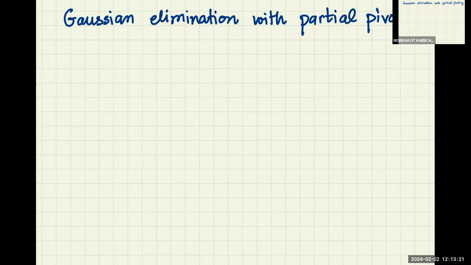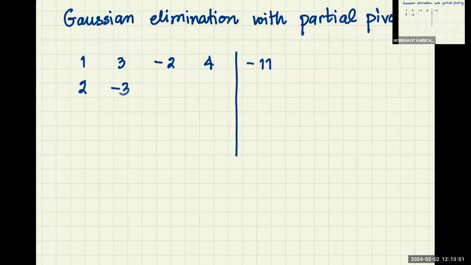With this method, we will try to control the multiplier so that the multiplier will be a number less than 1, okay? So I give you an example, 4 by 4, okay?